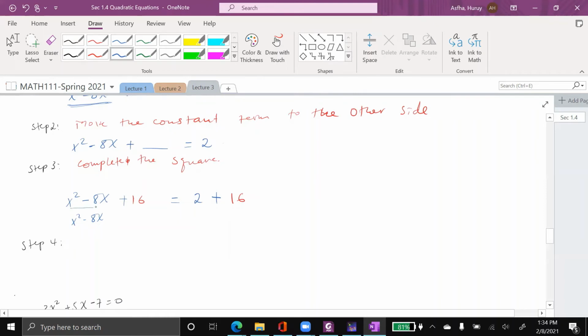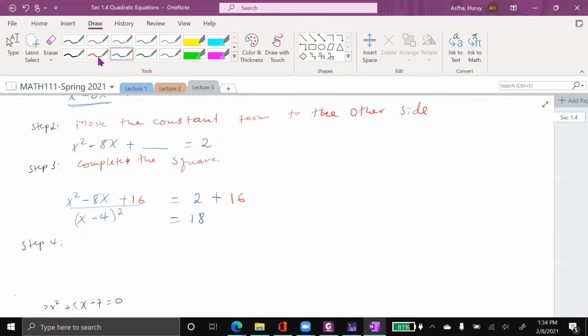Because this is a perfect square, it's going to be x minus 4, the whole squared. This -4 is half of this. Since this is a perfect square, just take half of this number, put it like this, and it becomes like this. And then on the right side, we have 18.